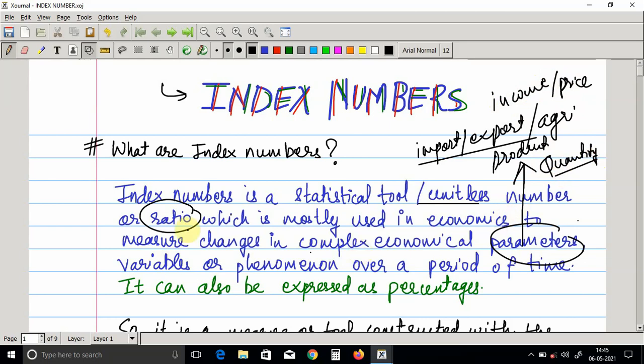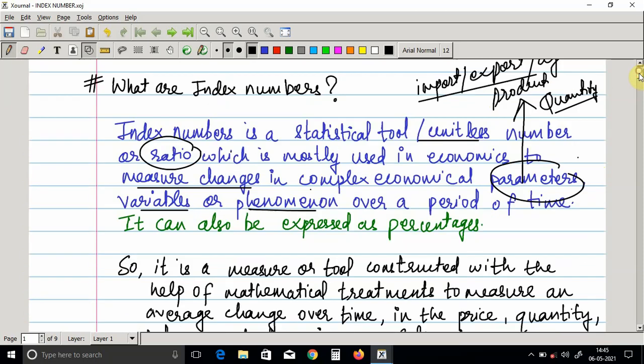All these are the parameters. We usually measure the change in these economic parameters, variables or phenomena over a period of time.